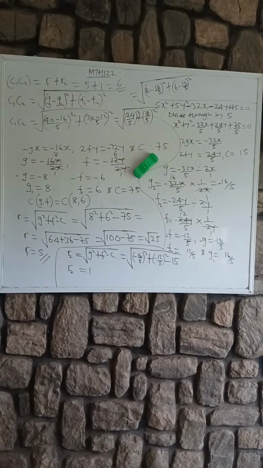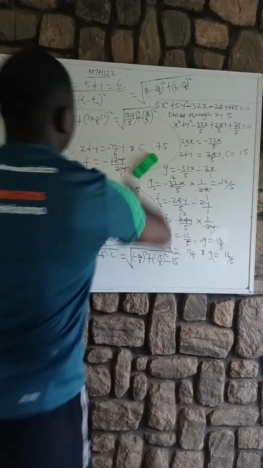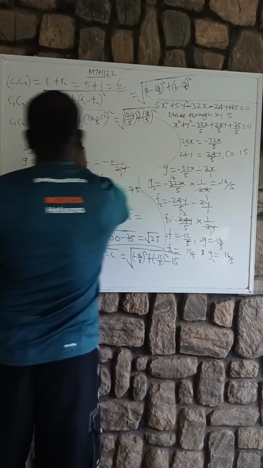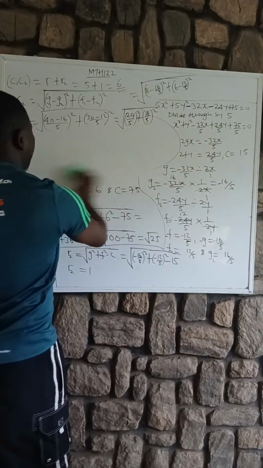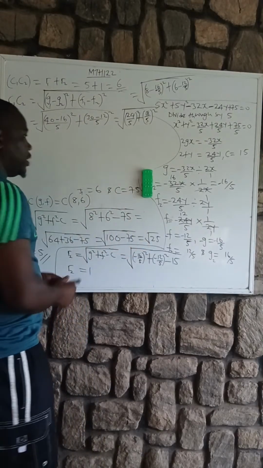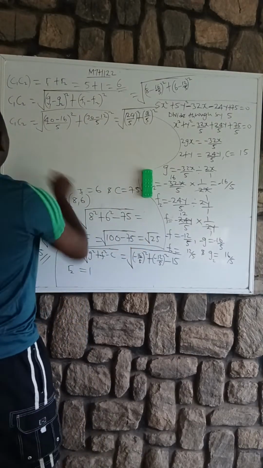So what you need to do is somebody should expand and take the square root of this. I'm going to give you 1 mark. It means what the circle is trying to explain is this. Please take note.